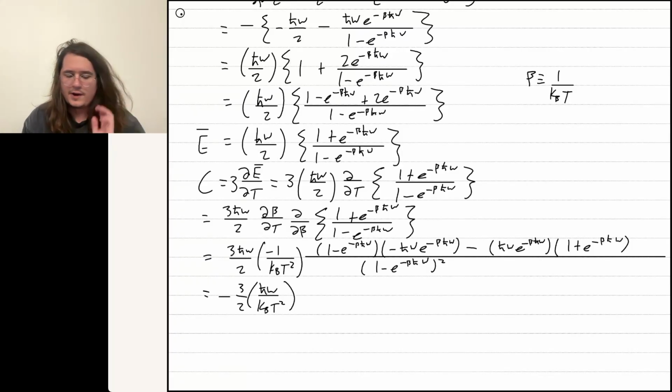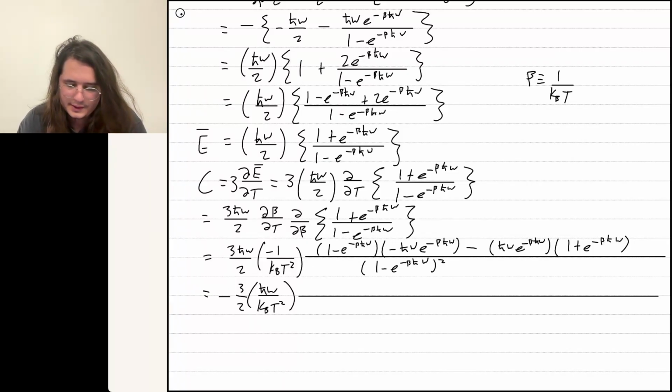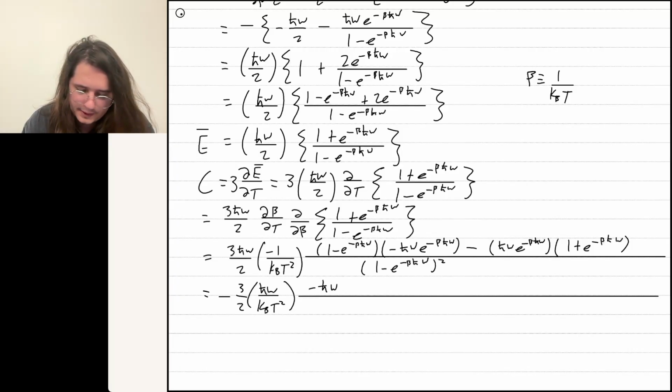And then in the big fraction, I'm going to start to distribute some terms because we're going to get, let's see, minus h bar omega plus, and that's actually multiplied by e to the minus beta h bar omega, which is plus now h bar omega e to the minus 2 beta h bar omega.